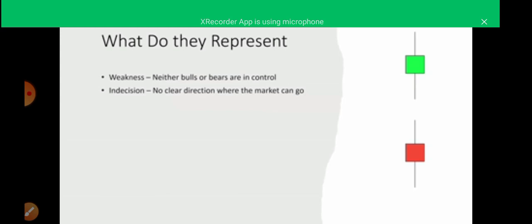Now, the depletion candles, what do they represent? Well, the depletion candles, as we've mentioned before, close with wicks to the top, wicks below, wicks to the top, and wicks below, with a small body indicating a depletion in the market. Well, the first thing they represent is weakness.